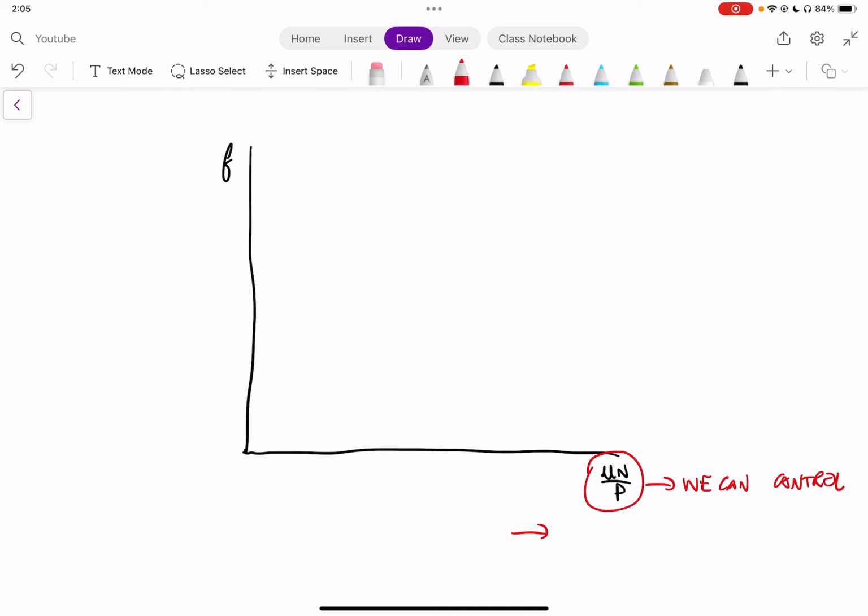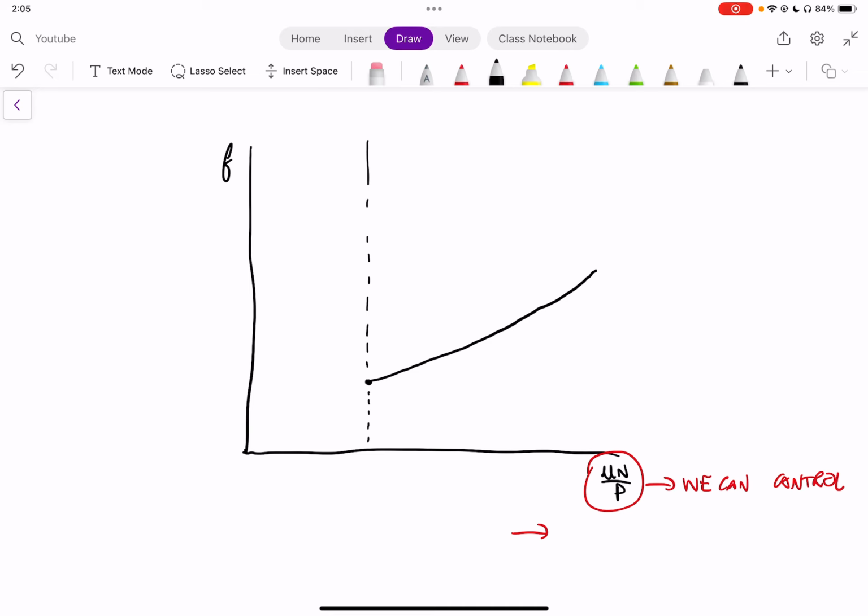We see that friction is, so let's start somewhere here where we have an actual value for mu n over p. And what I'll do is I'll draw a dotted line all the way up, okay? If we look at our mu n over p, what happens is it looks something like this. It's pretty much a straight line.